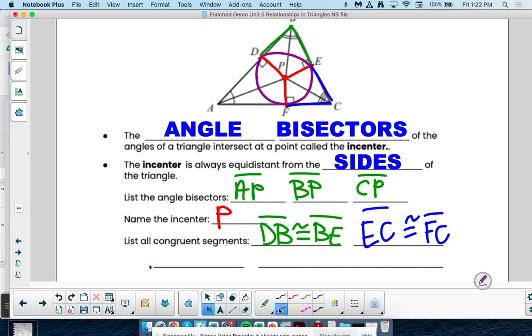And then our last one, FA is congruent to AD. And that last line is reserved for our 3 radii of that circle, which would be what, folks? Yep, all those red ones in there.